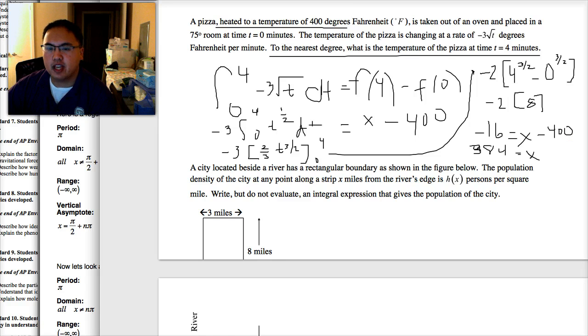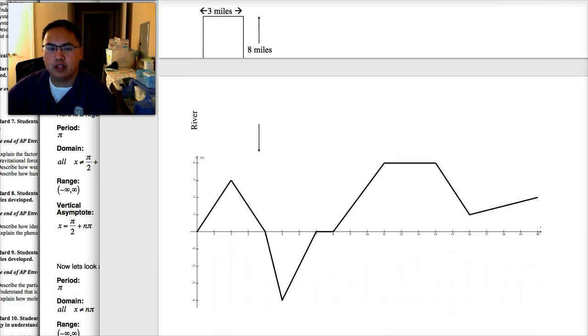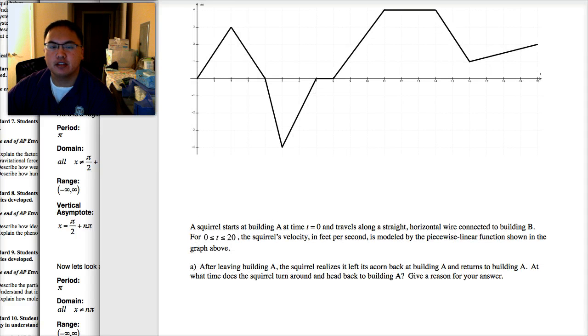I'm going to skip over the city beside a river one, and I want to do one that I think is very challenging for some of you. It's a very conceptual problem, so the math isn't very heavy, but it's strong on understanding.